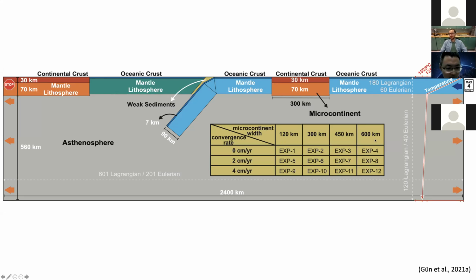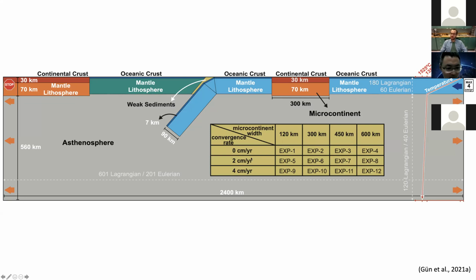And also we tested different convergence velocities from 0 to 4 centimeters per year. If it is 0 centimeters per year, it means that there are no imposed velocities affecting this system, which means that maybe mid-ocean accretion is pushing this oceanic lithosphere towards the subduction zone.